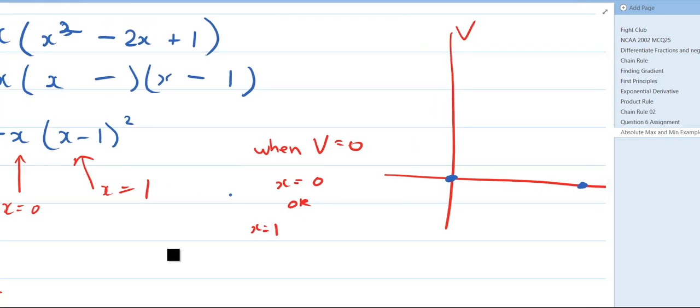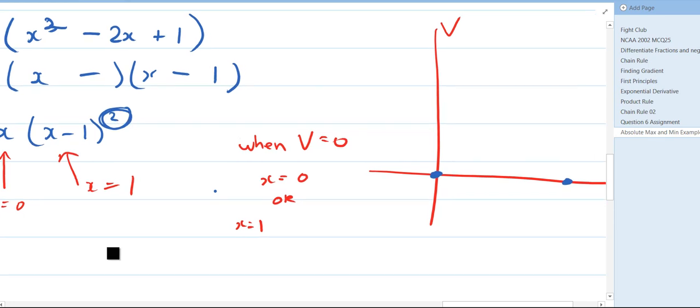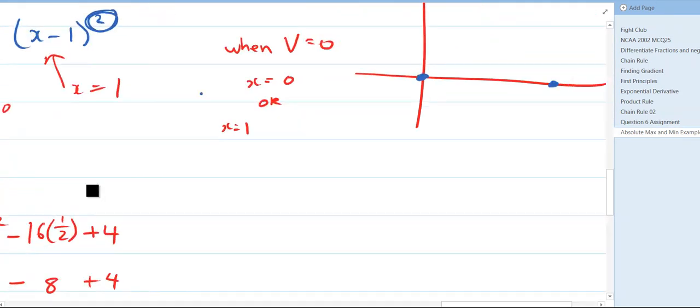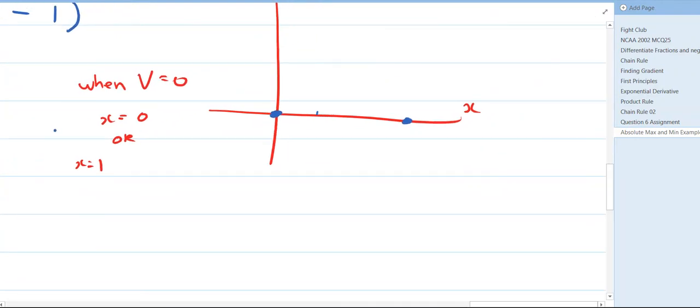Remember the little square there that tells me there's a turning point. And I found my maximum to be at x equals 1/3, so at the maximum the graph goes up, and it comes back down, and it's meant to continue.